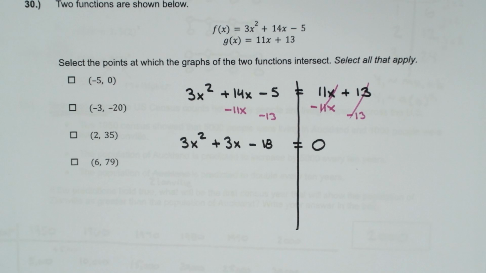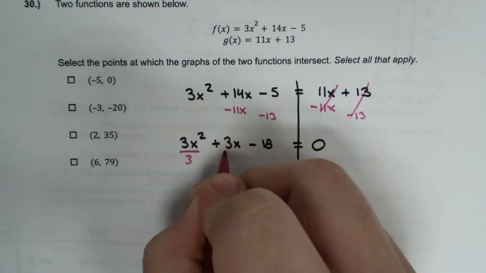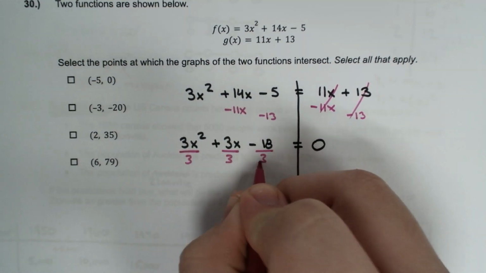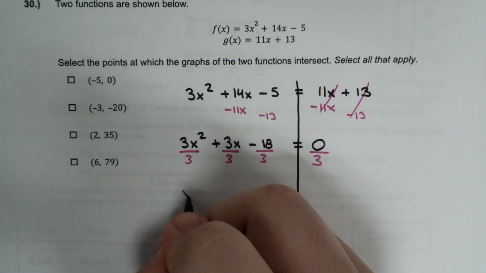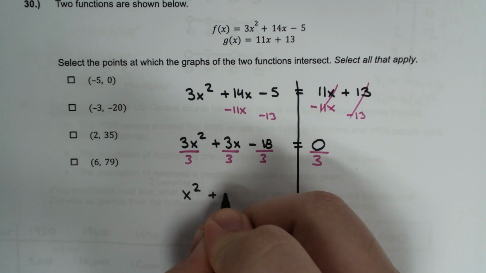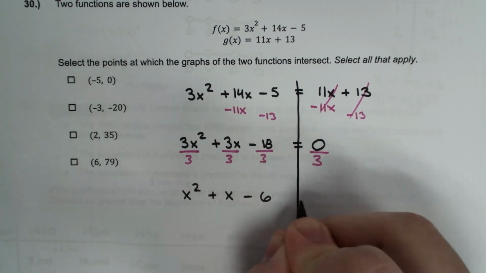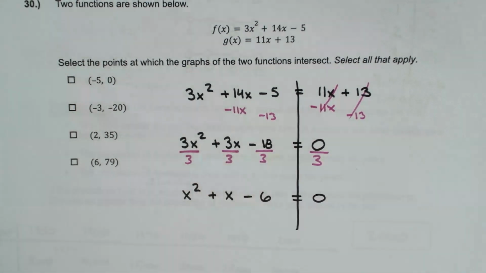It's in standard form equal to 0, so I can go ahead and solve by factoring. Whenever you go to solve by factoring, check and see if there's a GCF. It'll make your life a lot easier. 3, 3, and negative 18 can all be divided by 3. And by recognizing that and dividing this down to x squared plus x minus 6, we now don't have to factor by slide and divide.